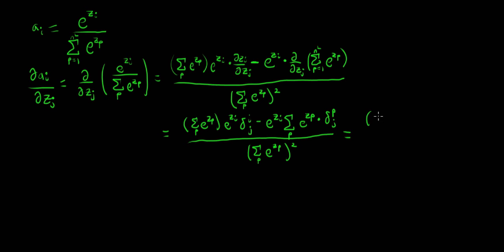So we have the sum over p of e to the zp, times e to the zi times delta ij, and then minus, this kills the sum and sets p equal to j, e to the zi times e to the zj, over the sum over p of e to the zp, squared.